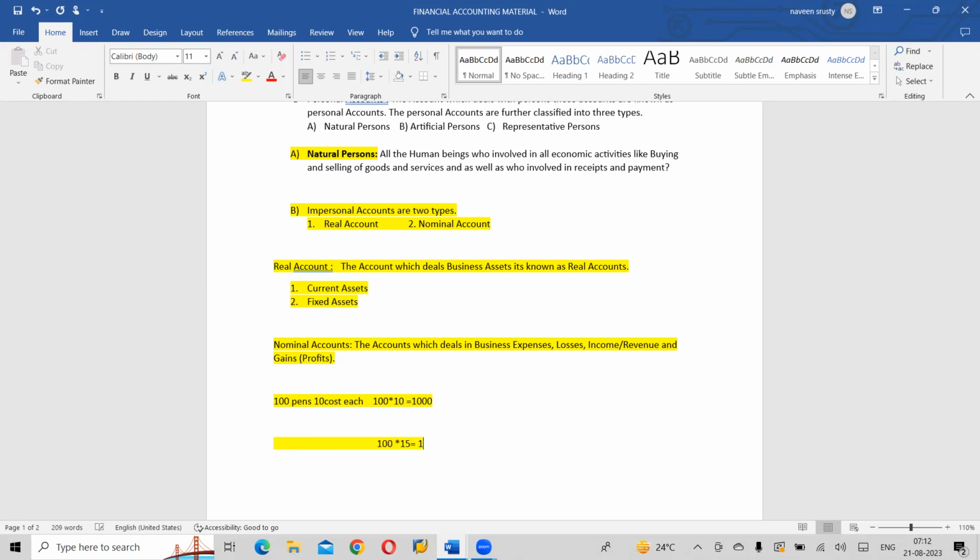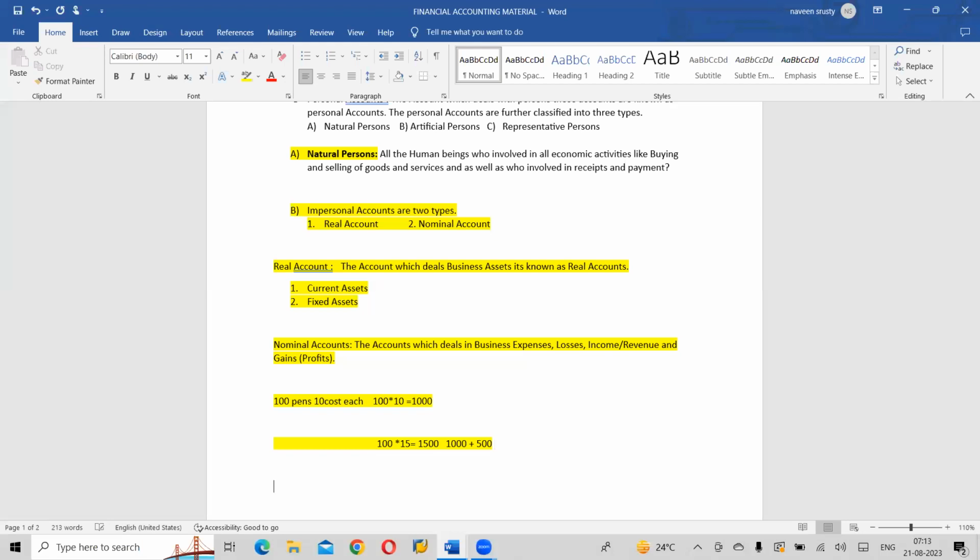What is my revenue here? 1500. 1500 is my revenue, that is your 1000 rupees cost plus 500 profit. Correct? Yes. So this 1500 we got is a revenue, income or revenue.